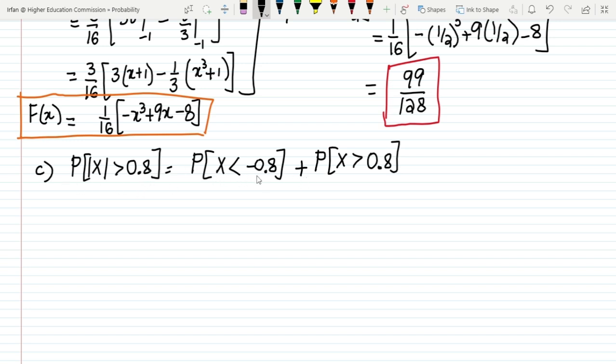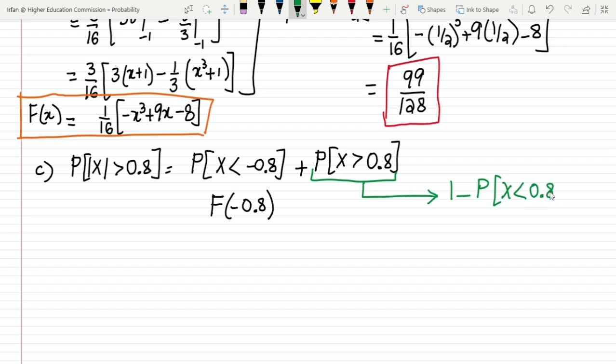So in order to find the one which is less than, I can write very easily by using the CDF, and it will be F of minus 0.8, while for the greater one I can find it by 1 minus the probability of x less than 0.8. Okay, so let me put their values here.